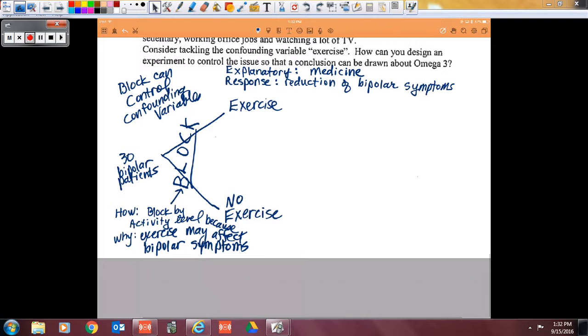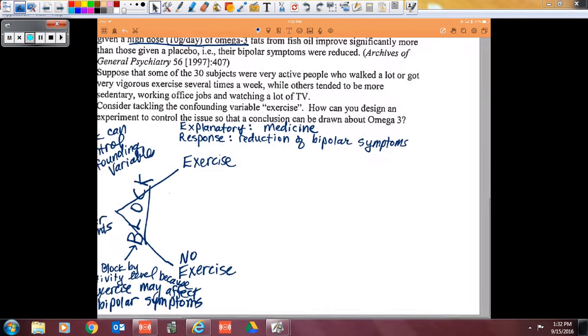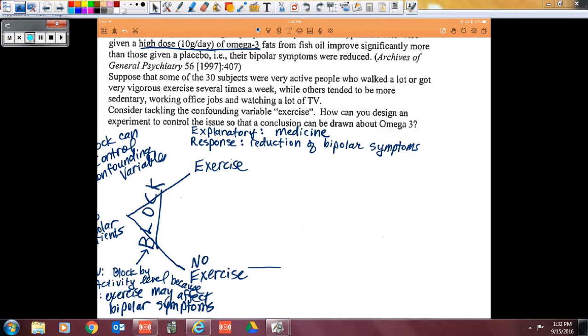Now I have 2 blocks. So I'm going to go and do an exercise experiment, and I'm going to go and do a no exercise experiment. Am I ever going to compare exercisers to no exercisers? No, you're just going to do exercisers. And so in fact, we're not even going to have to write anything for the no exercise. We're going to put repeat the experiment within this block.